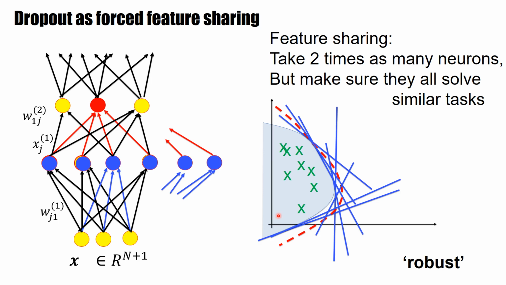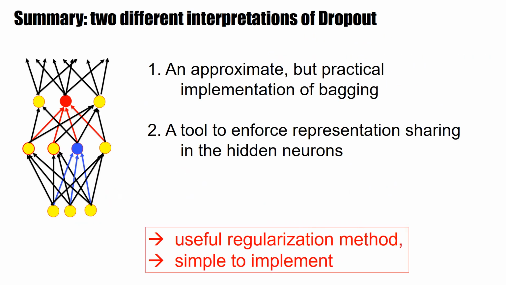They have to implement similar hyperplanes, and that means they have to implement shared features. And that's what I mean. Dropout forces a lot of neurons in the same layer to share features, to do similar stuff, not exactly the same, but to do similar separations. They learn similar hyperplanes.